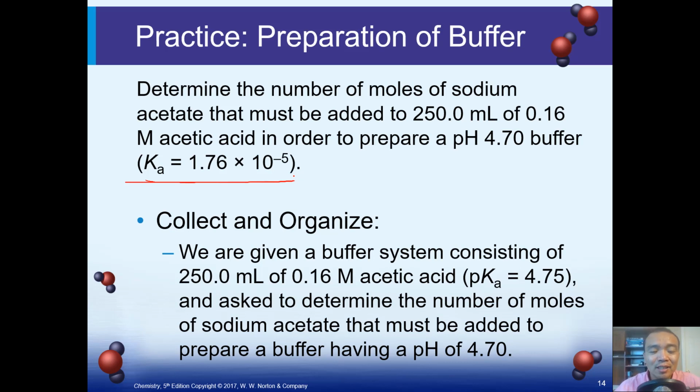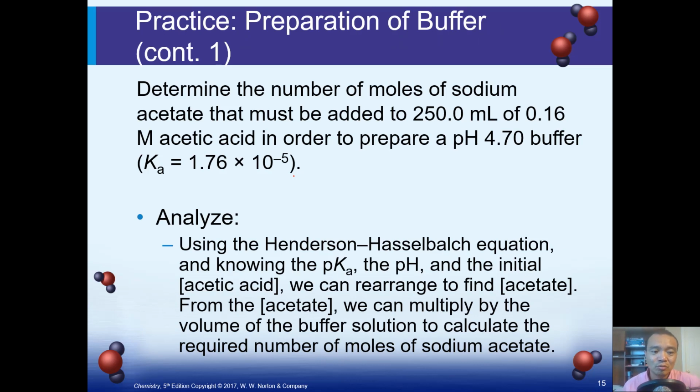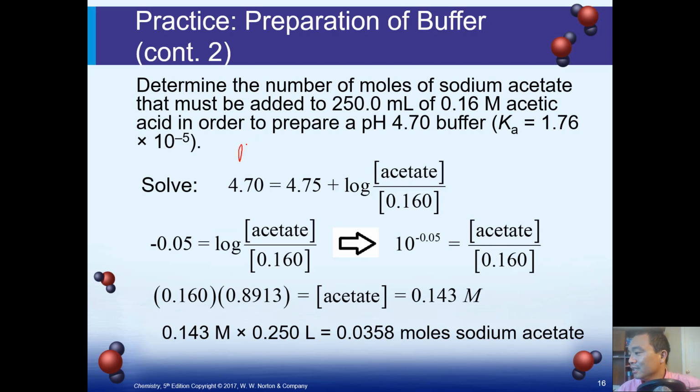So how do you calculate how much sodium acetate is needed? We're going to use the Henderson-Hasselbalch equation. Remember, it is pH equals pKa plus log the base component over the acid component. The base component is the acetate, or you can use A minus to represent it. The acid component is HA, or the acetic acid.